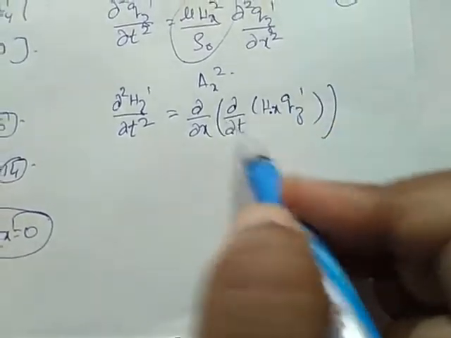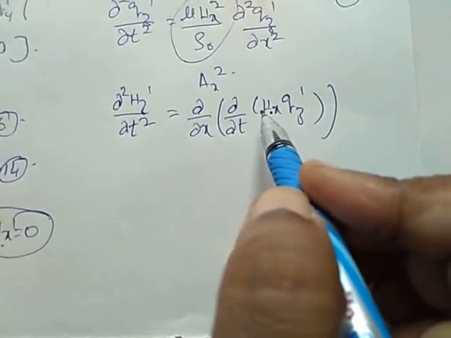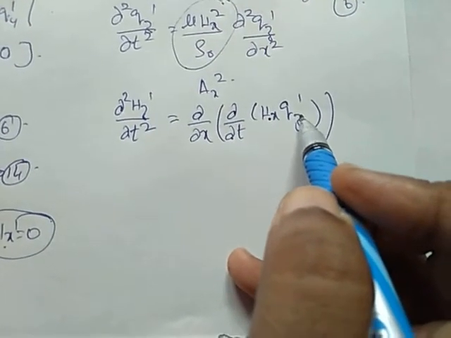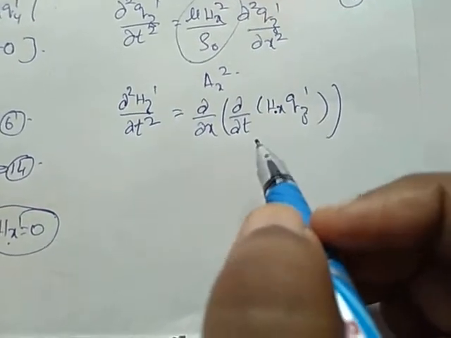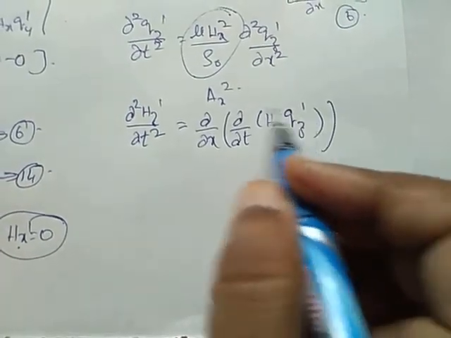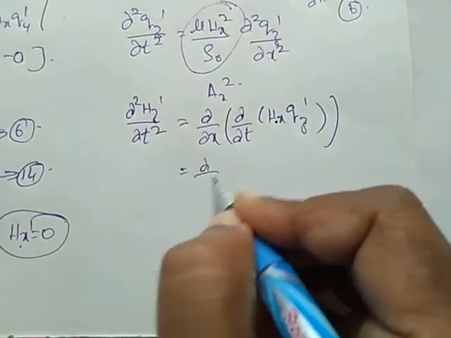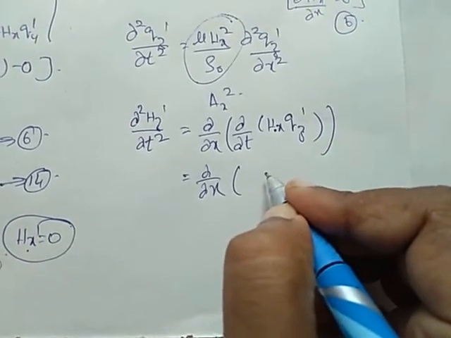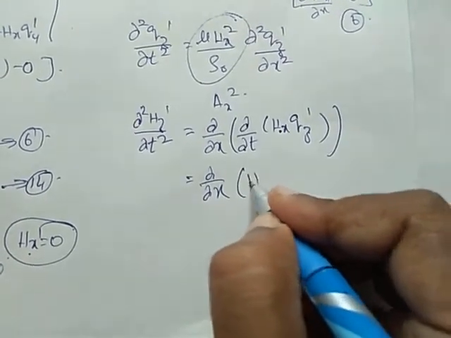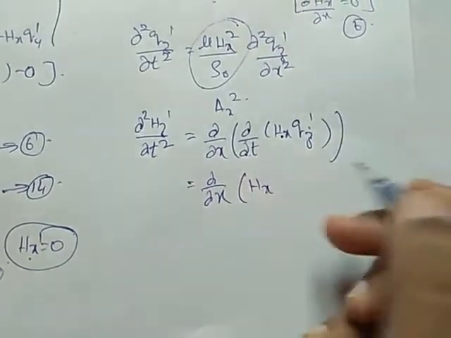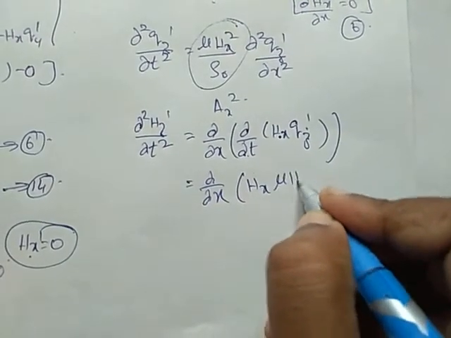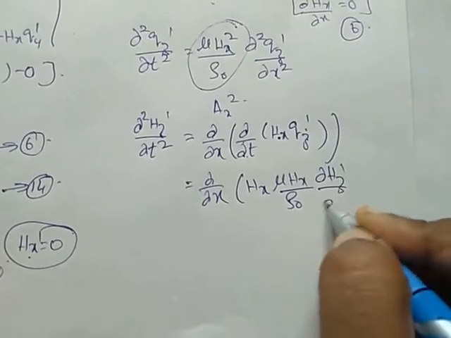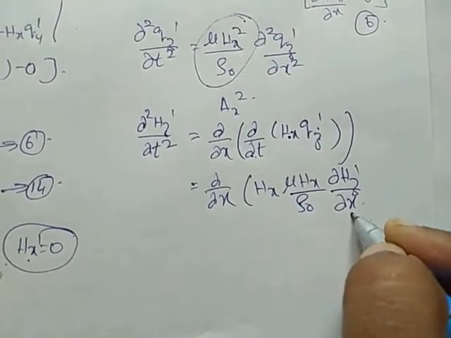Differentiation of Hx with respect to t is this. From equation 11 we have the ∂q_z'/∂t term, and we can substitute it as ∂/∂x of mu Hx into ∂q_z'/∂t, which is mu Hx/rho naught ∂Hz'/∂x. This is from our equation 11.